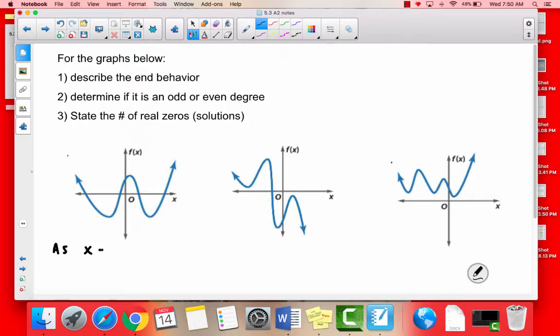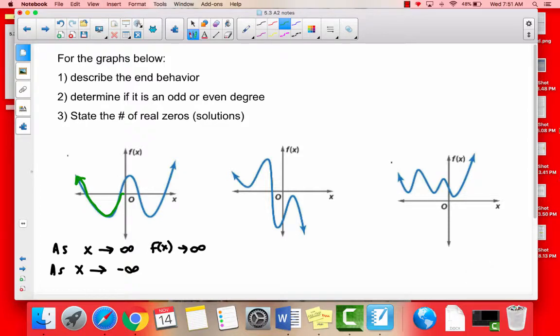So what we could do is write this as x approaches positive infinity, okay, the y, or f of x, approaches infinity also. So what this means is as I go to the right, my graph goes up. Okay. And then I could do the same thing as x approaches negative infinity. So as I go to the left side of my graph, following it, what tends to happen?